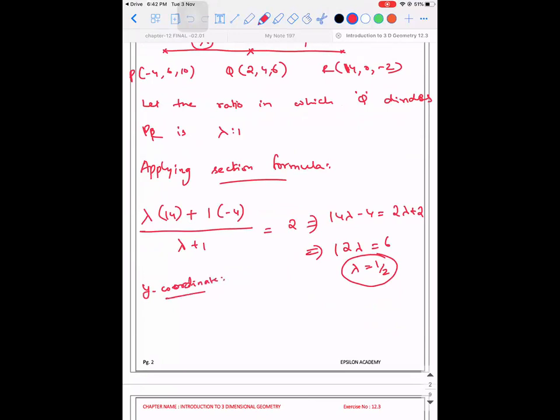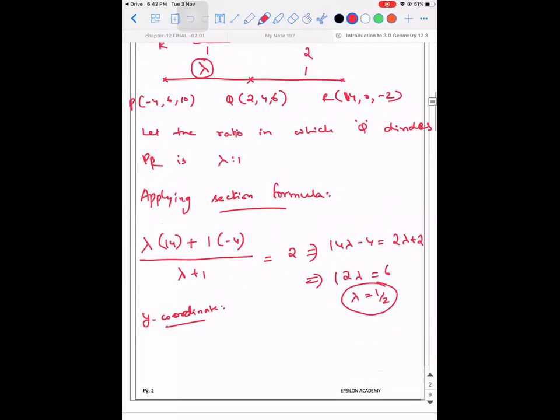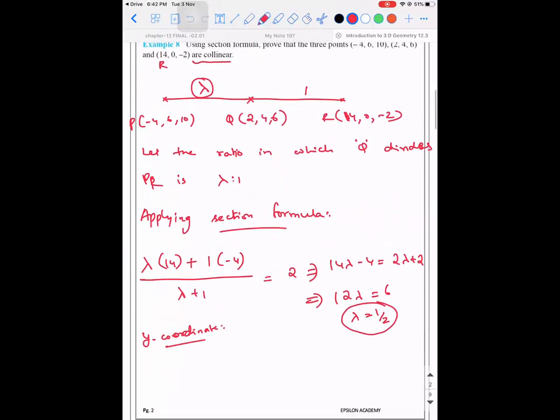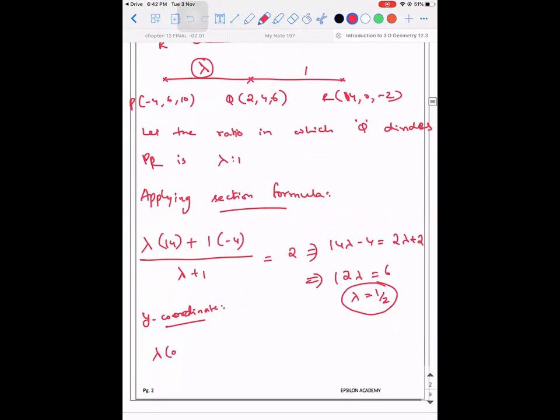Now for the y coordinate, I'm not using 1:2. I'm still using lambda is to 1 only. Can I write lambda into 0 plus 1 into 6 divided by lambda plus 1? What should this actually come out as?